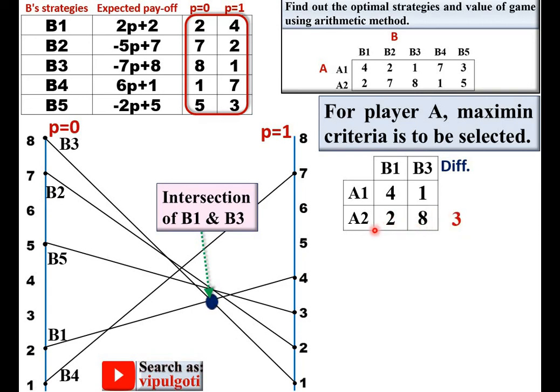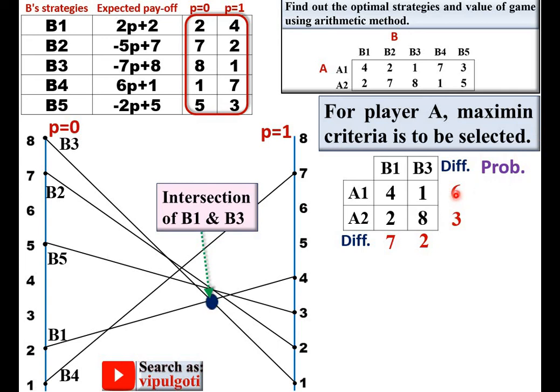Then here the difference is 6 and you write it near the first row. Keep in mind that the difference is always written in the opposite direction. Similarly, I can find the differences for the columns. Here it is 2 and you write it near column 2. Here it is 7.